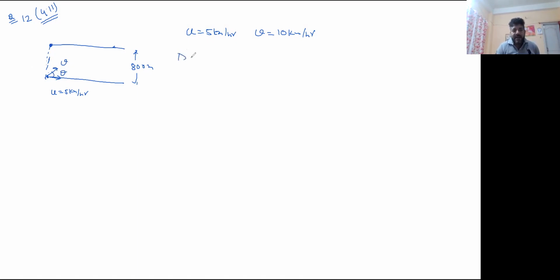So for exactly opposite shore, my downstream drift is 0, yes or no? And what is my formula? u plus v cos theta into time equals 0, yes or no?